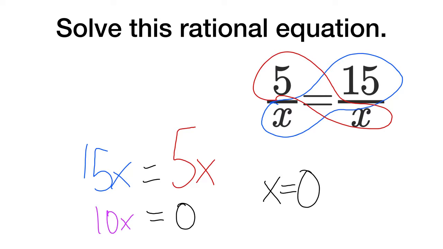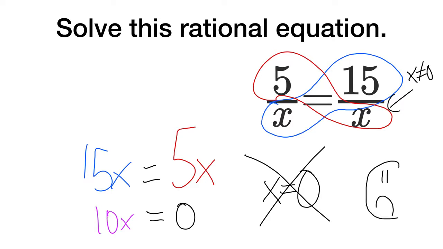So that's our answer, except, oh no, extraneous solutions. What does x by itself mean? That means x cannot equal 0, meaning not a solution. There is no solution. Oh. The smiley face is sad.